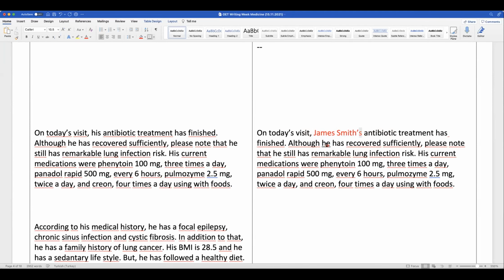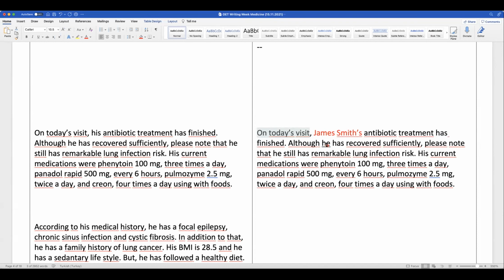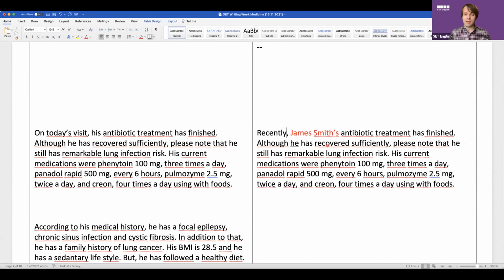Smith. Yeah, possessive. Antibiotic treatment has finished. Did it finish today? Well, we don't know, but I think it's okay here too. It's present perfect, and I can't say today with present perfect like this. What can I say? Remember? Recently. This is why this is so useful.